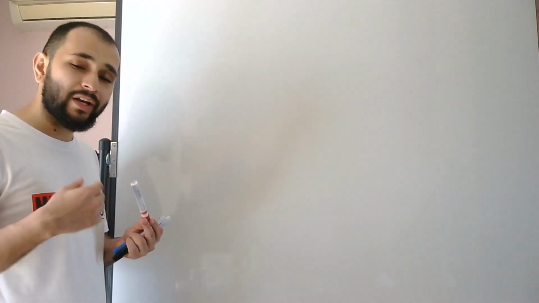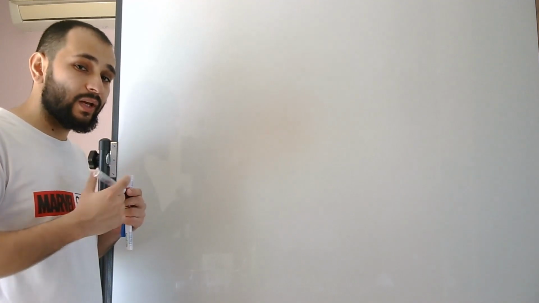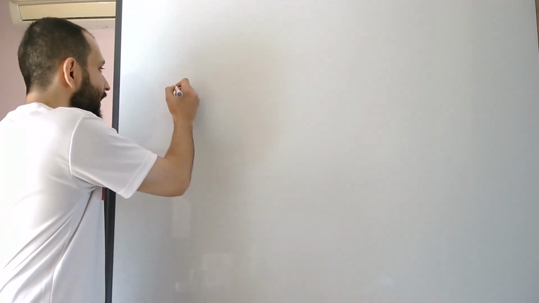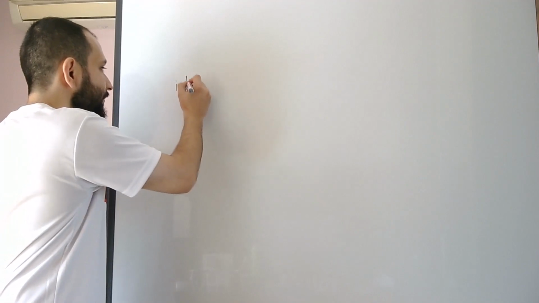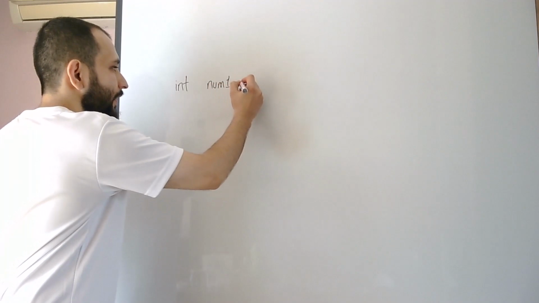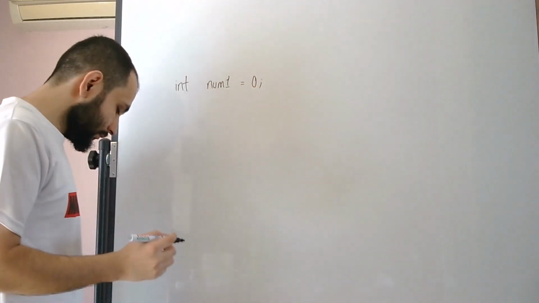So for example, whenever we want to create a variable, let's declare and define a variable. For example, I'm creating int num1 and giving it an initial value of 0, right?